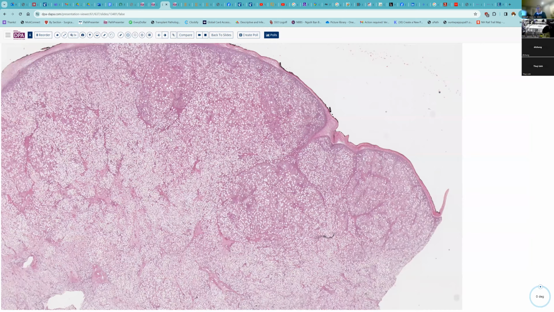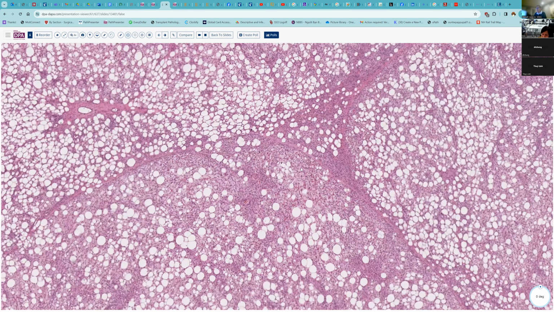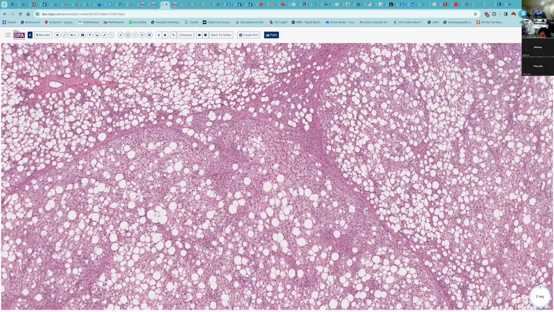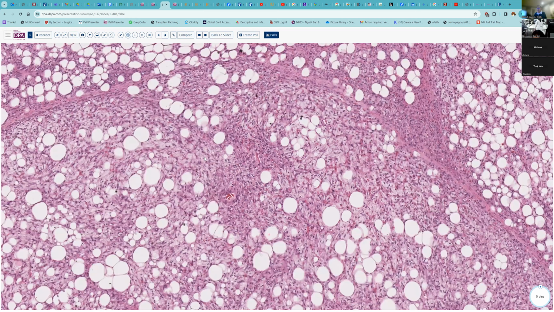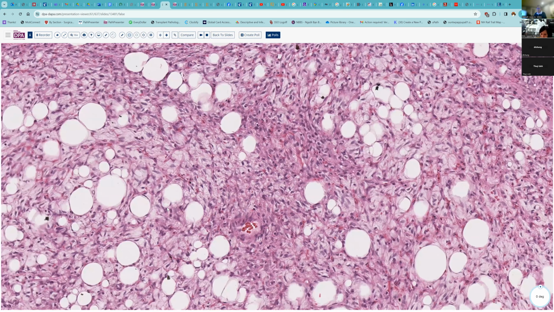And it has this characteristic appearance with lobulated structure and some associated more solid areas. And in these solid areas, we find the presence of some lipoblastic cells. Like here's one with a bubble indenting the nucleus here.